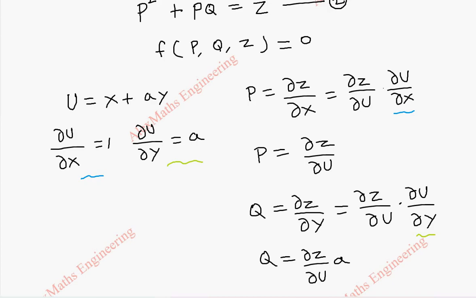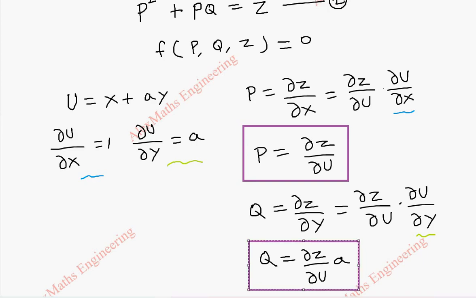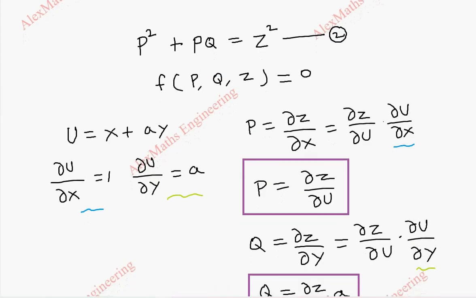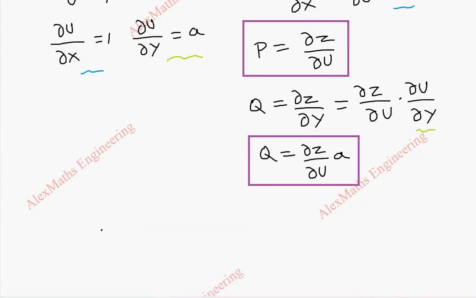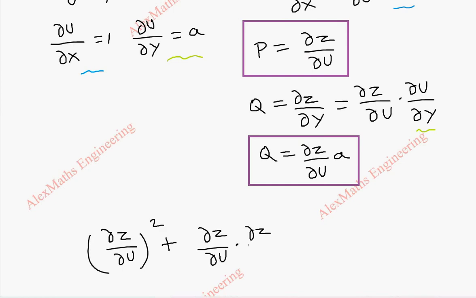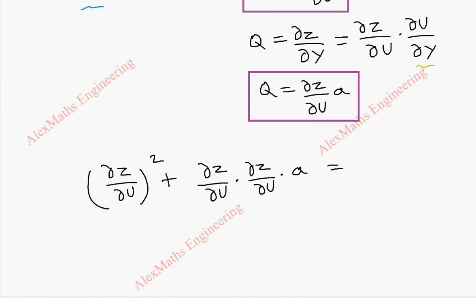So we got capital P and capital Q, and both we are going to substitute in equation 2. So P square plus PQ. P square means it is dou z by dou u whole square, plus PQ, again dou z by dou u into dou z by dou u into a, and on the other side we have z square.